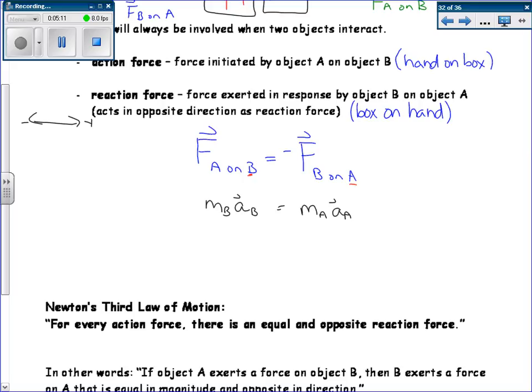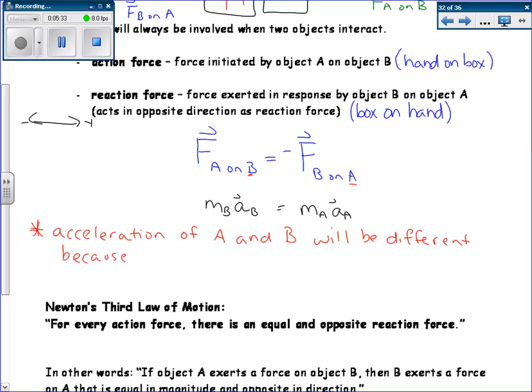Okay, but the thing about this that's going to come into play here is that the accelerations are going to be different. So the acceleration of A and B will be different because the masses of A and B will be different.